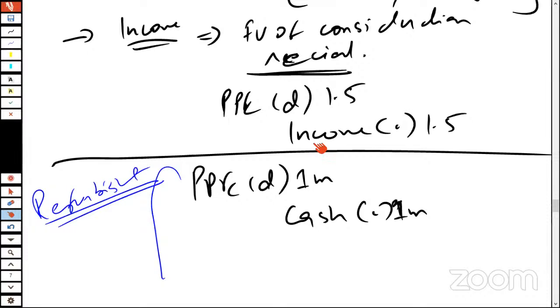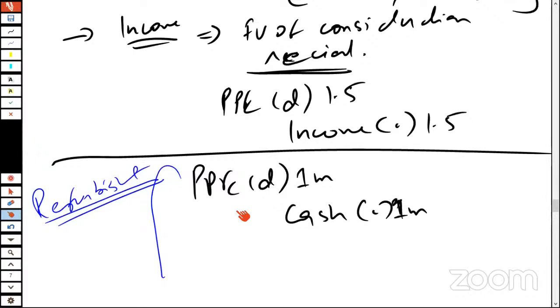We rather applied the definition of the revenue to recognize it. Yeah, we will depreciate it because you have an asset. Okay, now the refurbishment is what? PPE debit by 1 million, cash credit by 1 million.